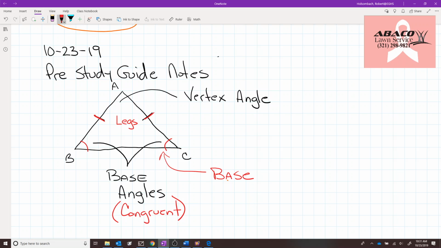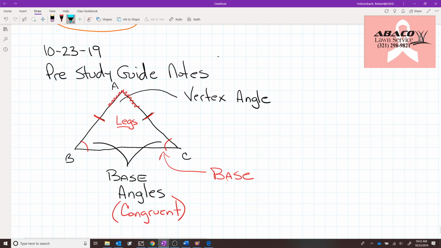You've got quite a few questions in this study guide where they're referring to the triangle in words, and you're going to have to draw the triangle and label some sides. So make sure you understand the congruent sides are called legs. The angle formed by the congruent sides is called the vertex angle.